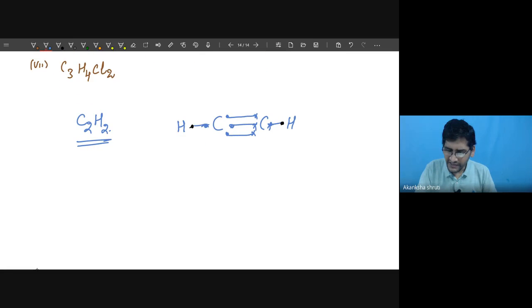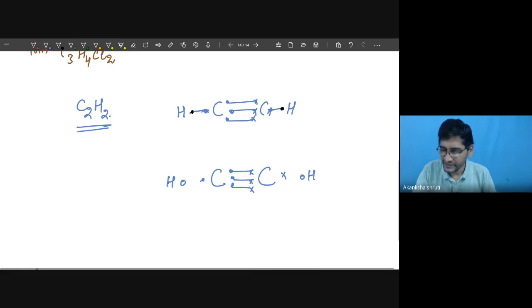It is our C, and the other C; 3 electrons are shared with the adjacent one, and one electron is shared with the hydrogen. So draw like this. So this is the other bonding. So if we draw the structure, it is like this.